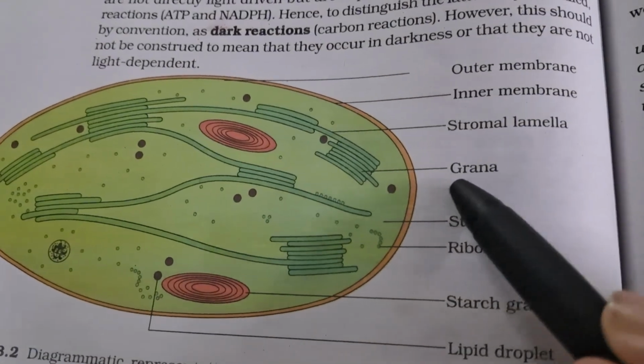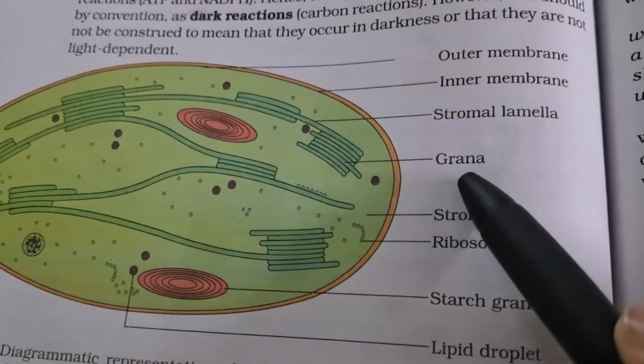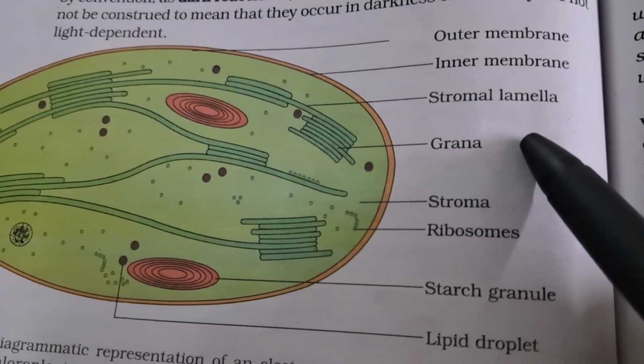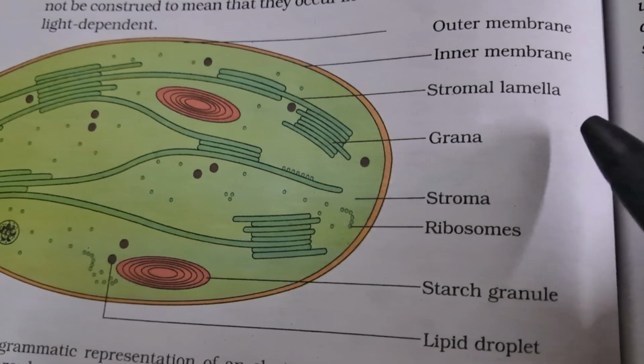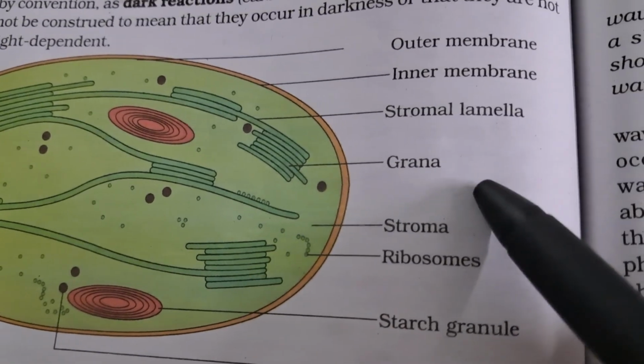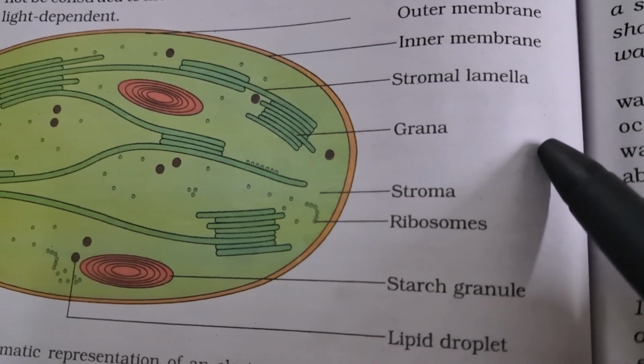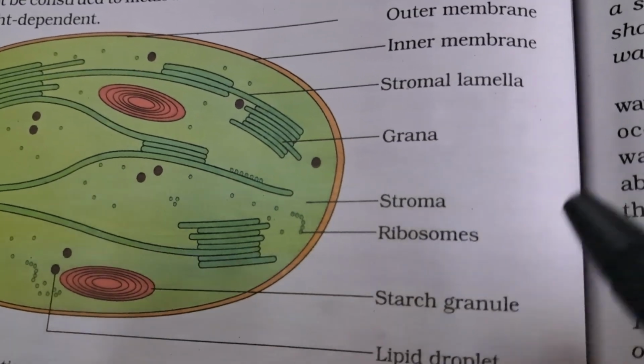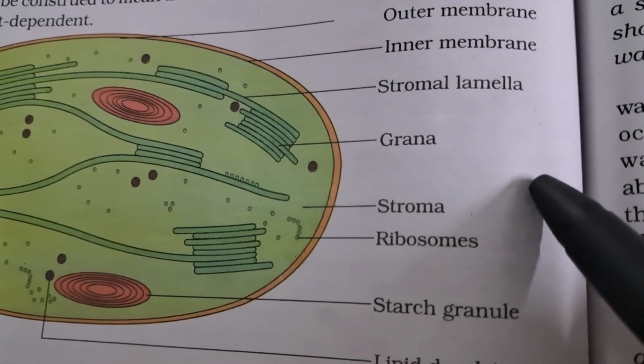In your NCERT, for grana, just write a dash and write: non-cyclic phosphorylation will take place, Z scheme. It possesses both PS1 and PS2; products are ATP and NADPH. This was all with respect to grana.